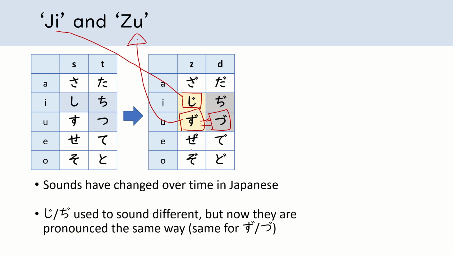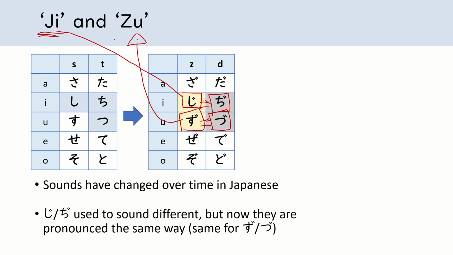So these four sounds here have changed quite a bit over time in Japanese. It used to be the case that ji and this one, ji, were pronounced differently, but nowadays we pronounce these the same way. So these are both just ji.